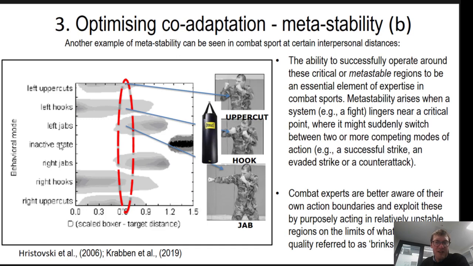I just want to give another example just to reinforce this concept of metastability. I'm using the boxing example from last week. Again, if we look at a situation where we scale the distance of a boxing bag to a boxer based on their arm length, there are certain distances, roughly at about 0.6 of their arm length, where we have 1, 2, 3, 4, 5, 6 different skills or ways of striking that are equally probable.